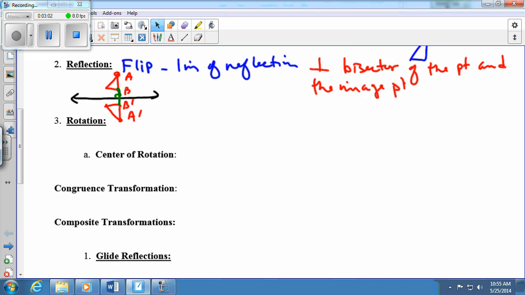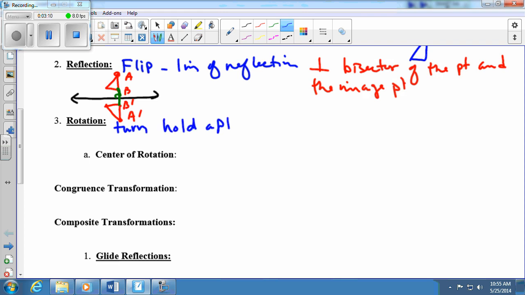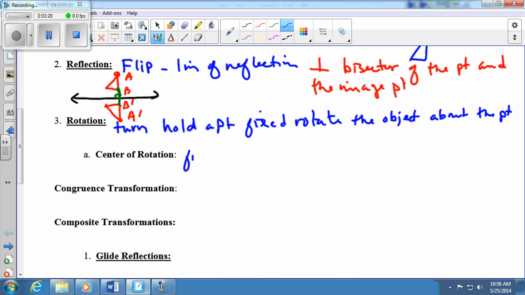In a rotation, sometimes we call this a spin or a turn. So what we do is we hold a point fixed, meaning it's not going to move, and we spin or rotate the object about the point. So the center of rotation is just that, the fixed point.